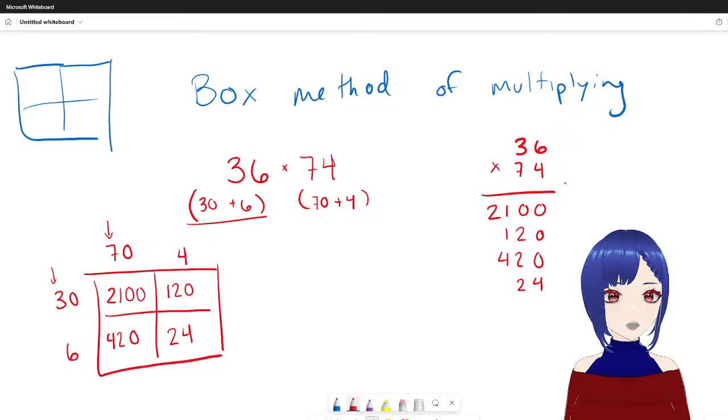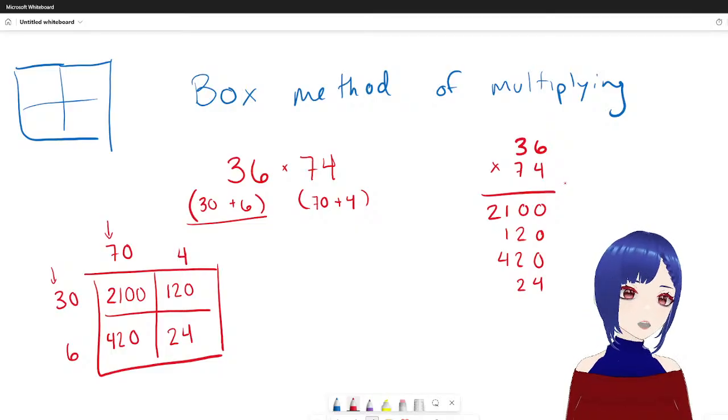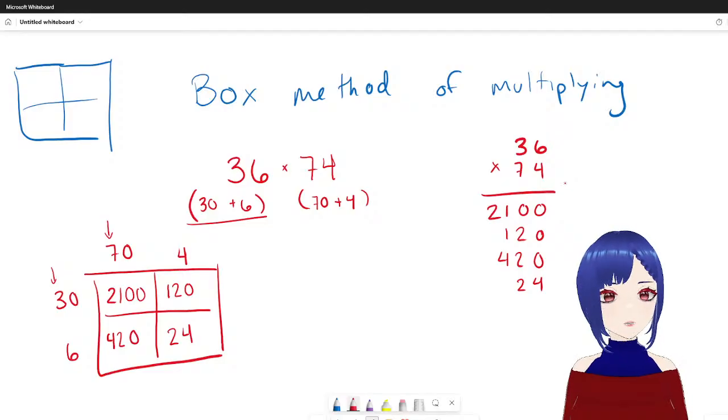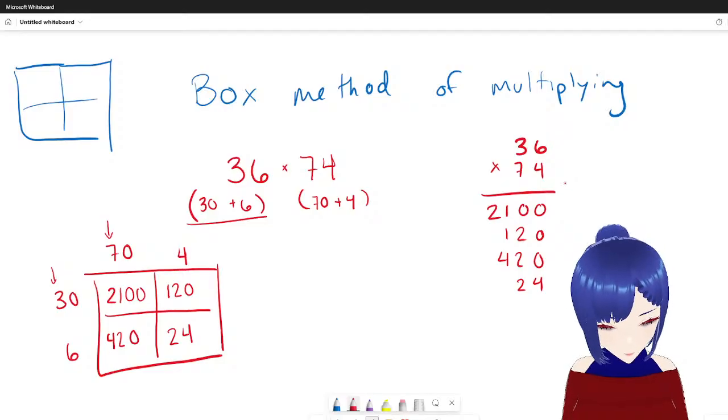So having it organized just changes the way it looks. This actually isn't any different than the long version of multiplication that we've already known or been taught.